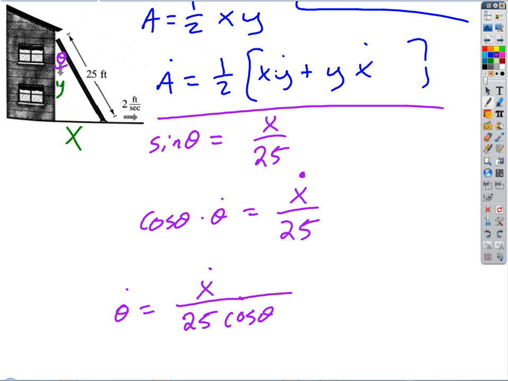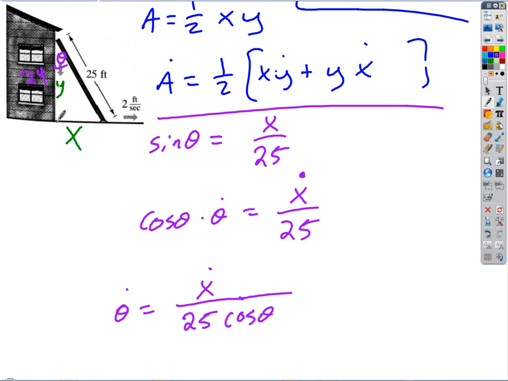Cosine is adjacent over hypotenuse, so it's 24 over 25. Easy.